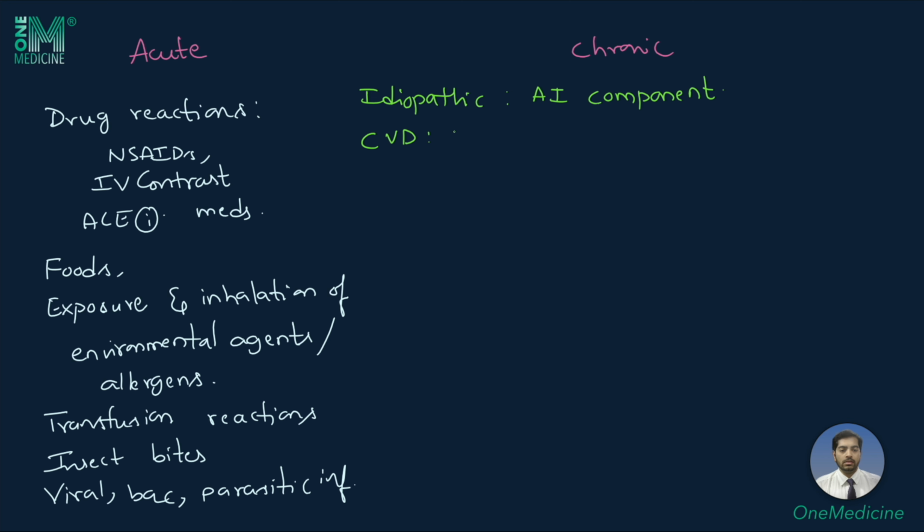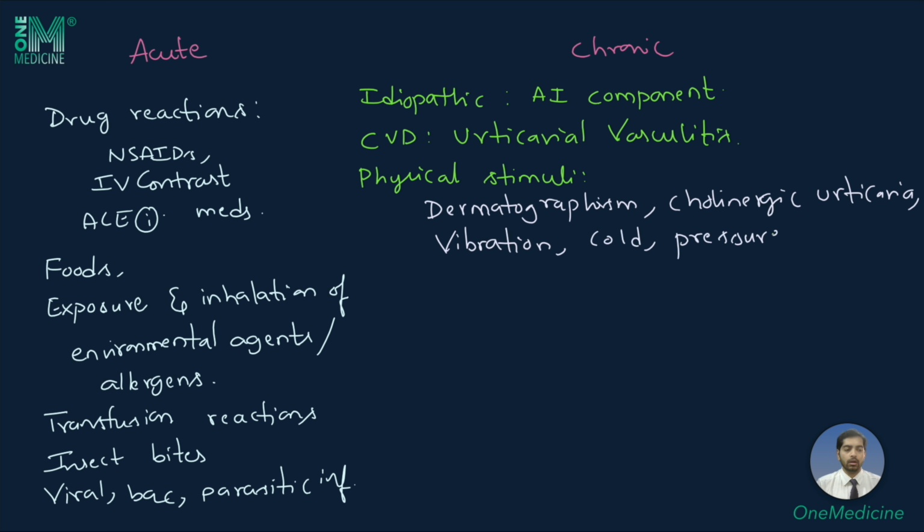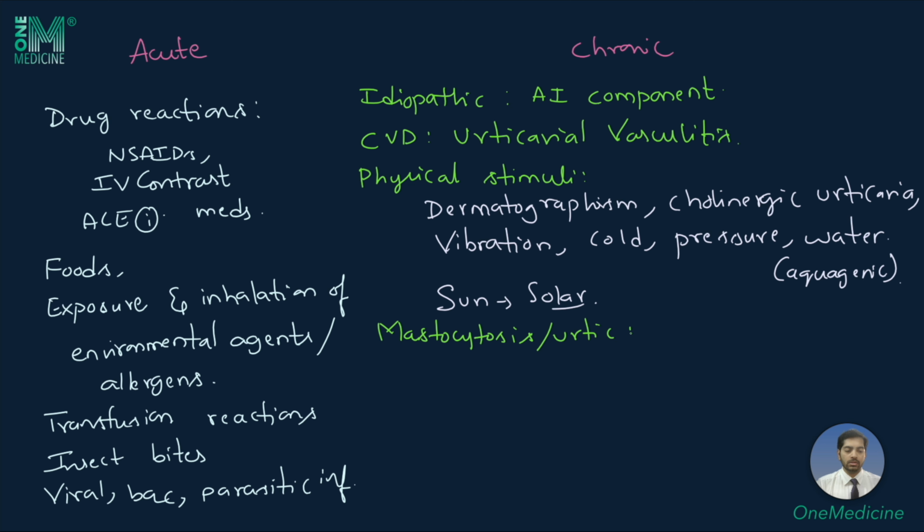Collagen vascular disease such as urticarial vasculitis, physical stimuli which include dermatographism, cholinergic urticaria, vibration, cold, pressure, and even exposure to water, which is called aquagenic urticaria, even long exposure to sun called solar urticaria. Other causes include mastocytosis or urticaria pigmentosa.